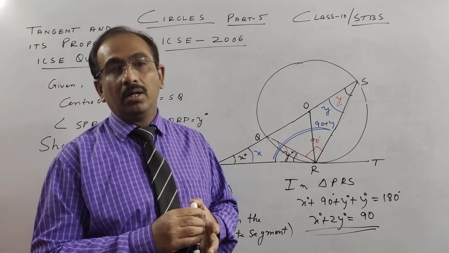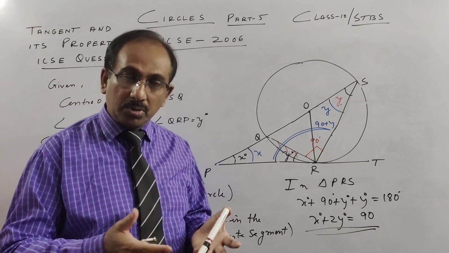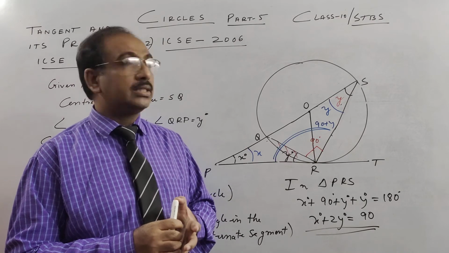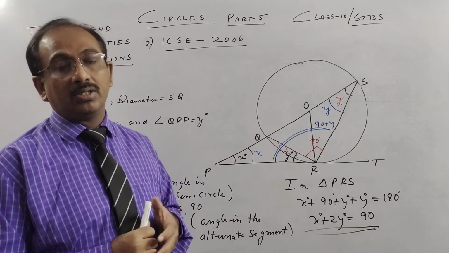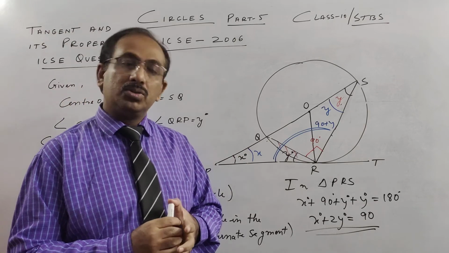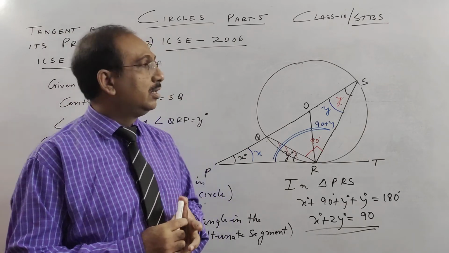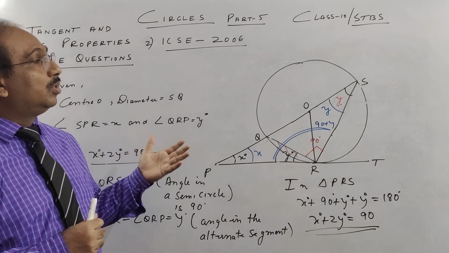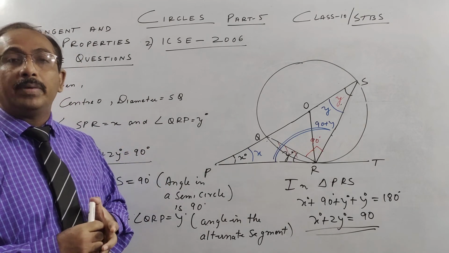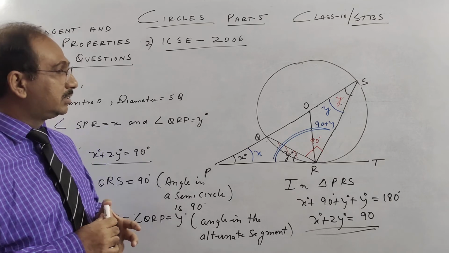So you need your teacher's help there, or you have to see solved examples to understand which questions are from the theorems in the syllabus. I have done 5 questions here. You can try many more questions in ICSE.